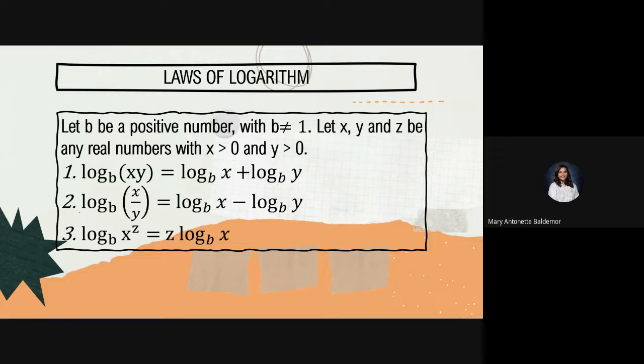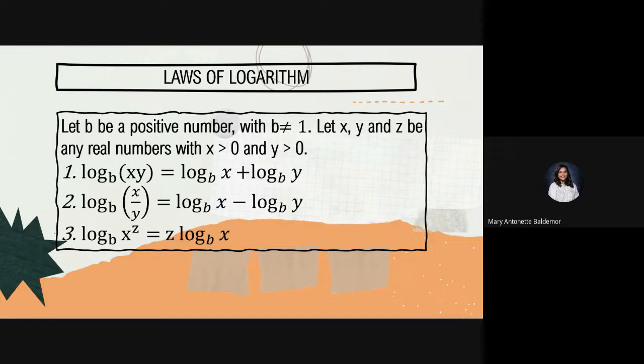Number 2, the logarithm of the quotient of x and y with base b is just equal to the logarithm of x with base b minus the logarithm of y with base b. So the same concept. If we are going to divide, given that they have the same base, we subtract the exponents.